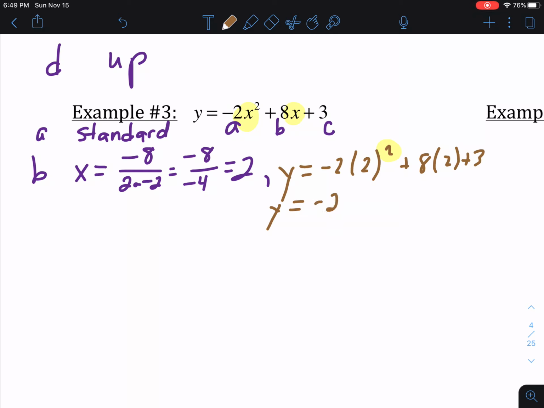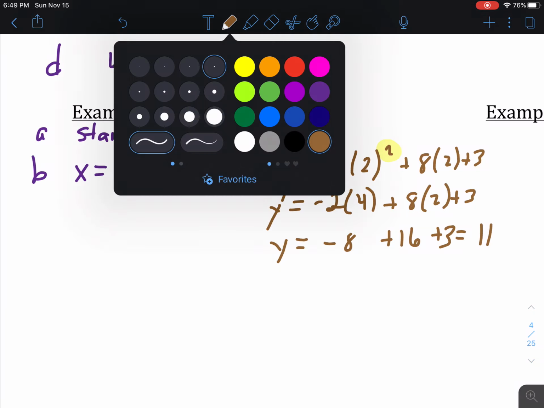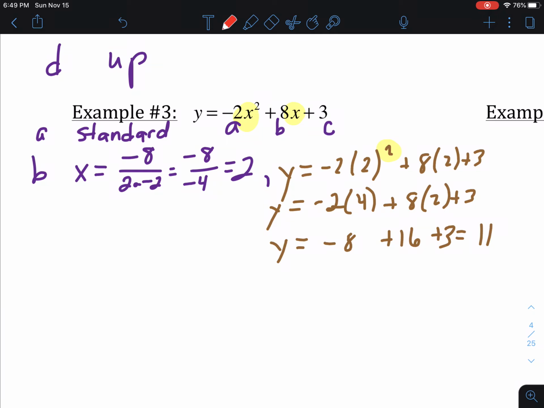So negative 2 times the 2 squared, which becomes 4. Then after that I can multiply and multiply and then add those numbers together. Negative 8 plus 16 is 8, plus 3 is 11. So I would say my vertex, write it as an ordered pair, is 2, 11.